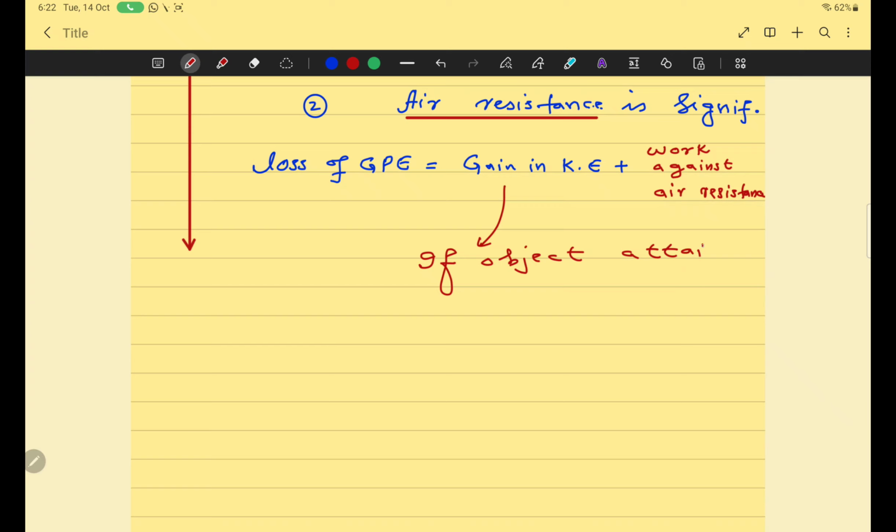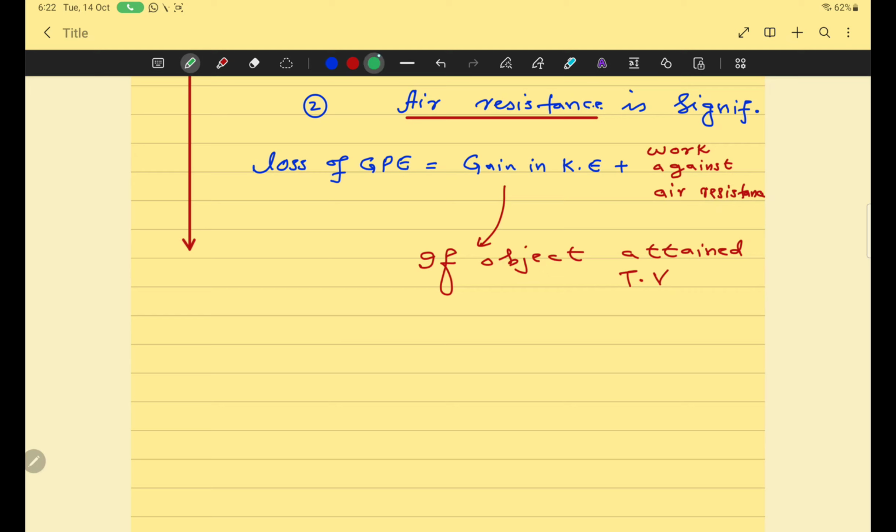We have studied the terminal velocity topic in the last class. When the object attains terminal velocity, there is no further increase in speed.